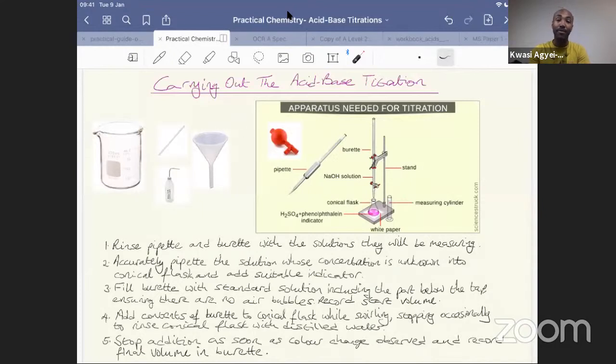Okay, so in any titration, generally, though this isn't always true, the thing that you're analyzing, the thing that you want to know the concentration of, you're going to pipette into your conical flask. So if we wanted to know the concentration of our sulfuric acid, that's going to go into that conical flask, and you're going to add a suitable indicator.